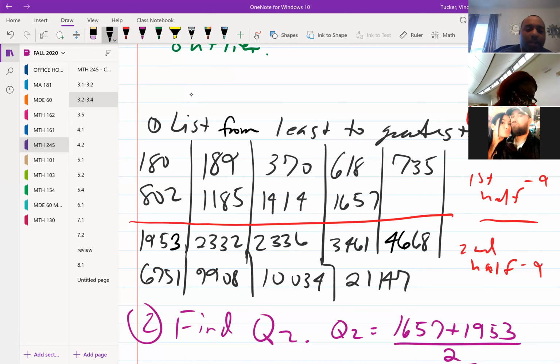46,068, 6751, 9908, 10,034, then 21,147. So these are 18 data values. I listed them, like I said, in halves, so it'd be easier for us to break down what our quartiles are.